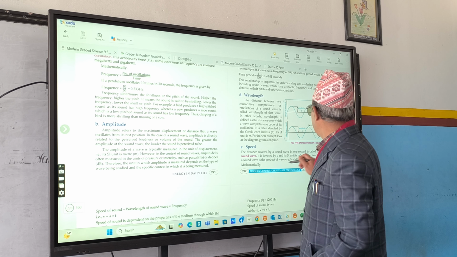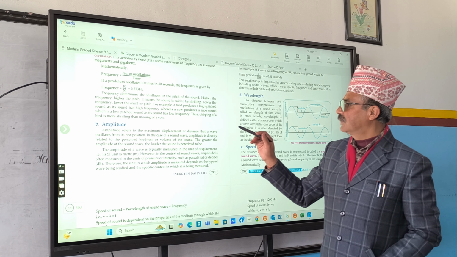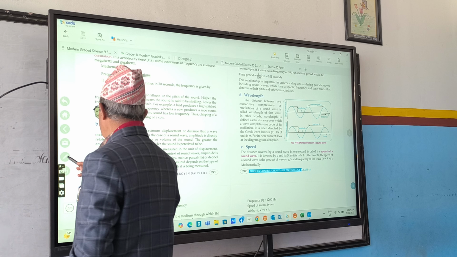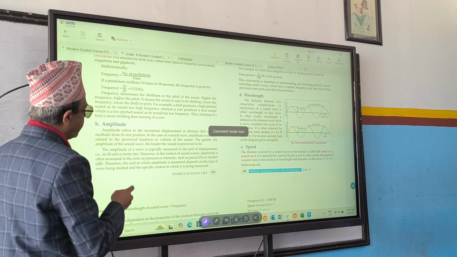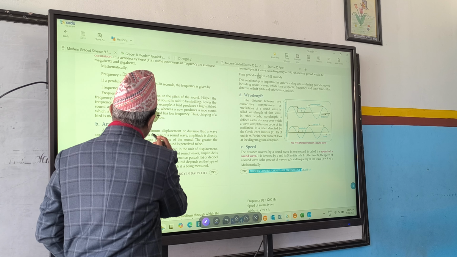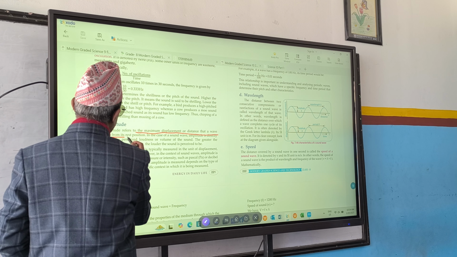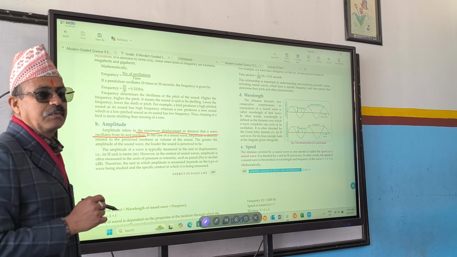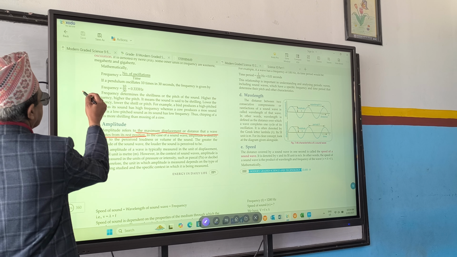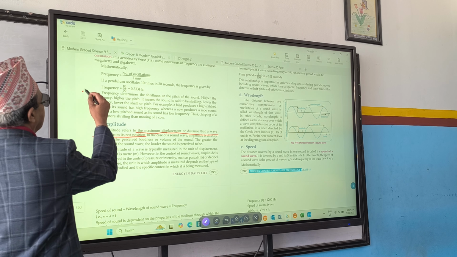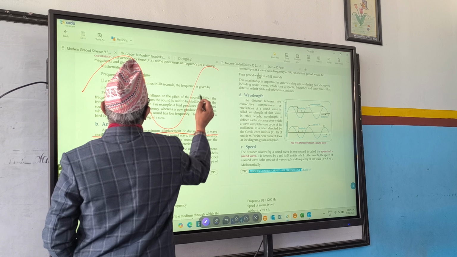Next heading is here. What is the next heading? Amplitude. What is the definition of amplitude? Amplitude refers to the maximum displacement or distance that a wave oscillates from its rest position. For example, suppose here is a vibrating particle, it goes up and down.